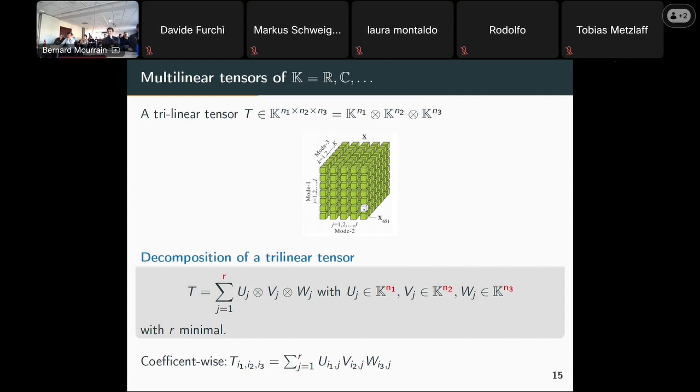So we want to find a finite decomposition such that R is minimal, that we have seen also.